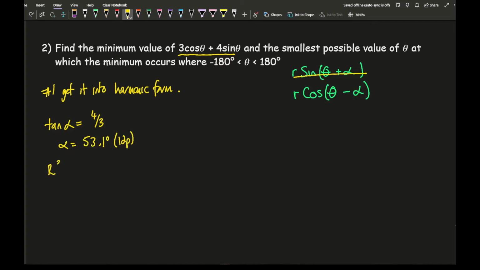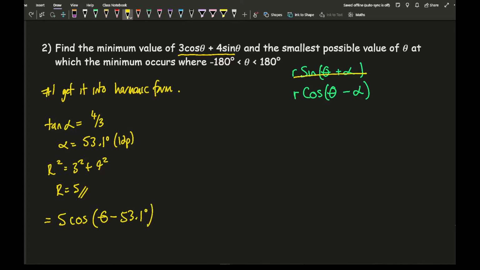And r squared equals 3 squared plus 4 squared, so r equals 5. So writing in harmonic form, I've got that the expression is going to equal 5 cos theta minus 53.1 degrees.